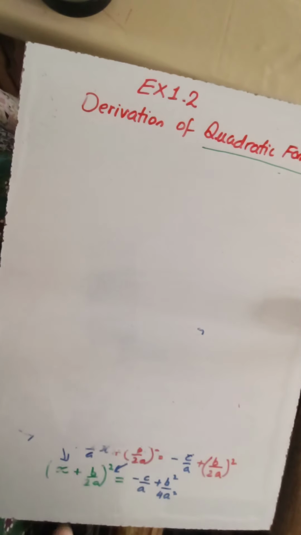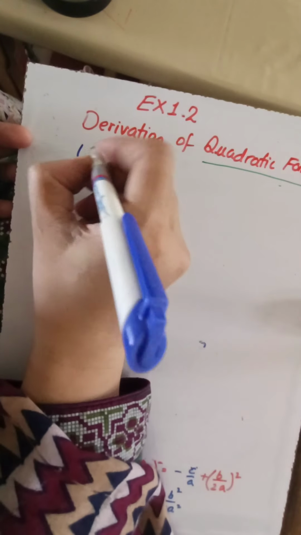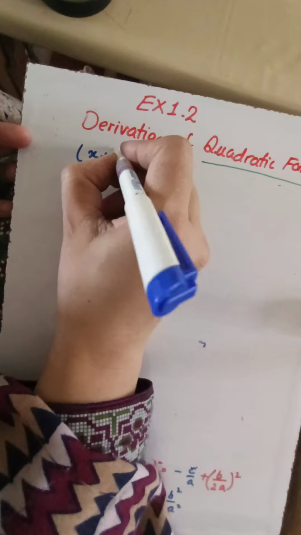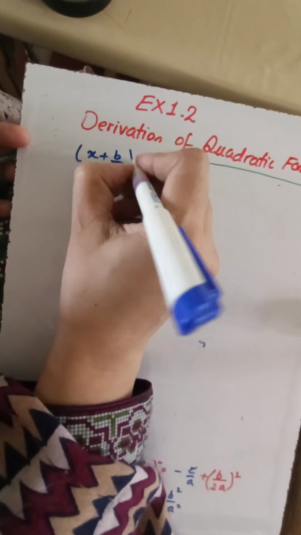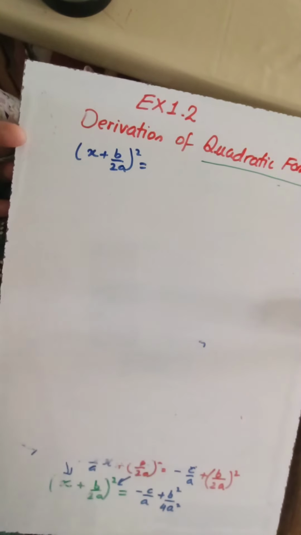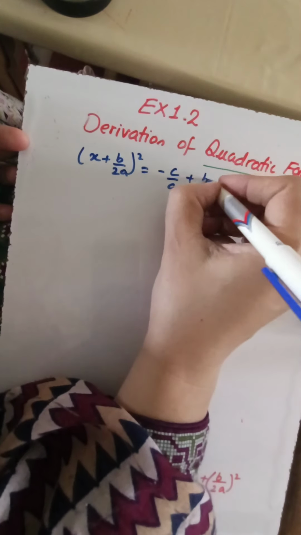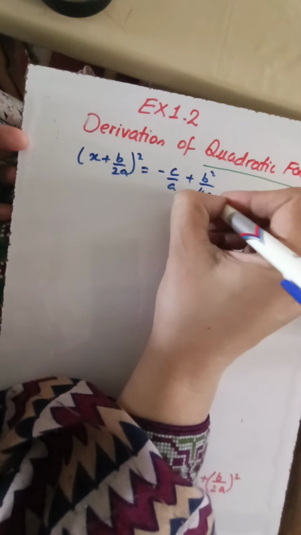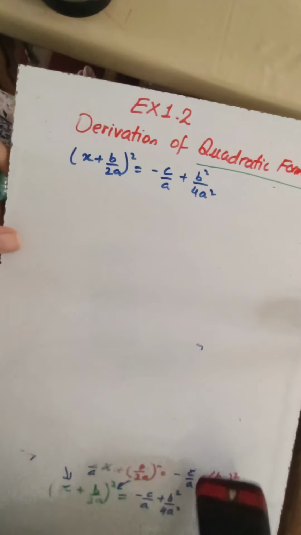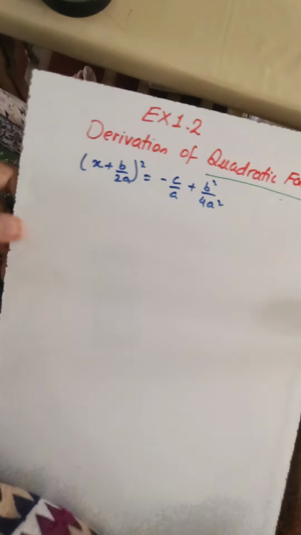This expression we got is x plus b over 2a whole square equals to minus c over a plus b square over 4a square. Okay, this is what we got over here. Now we'll continue the derivation.